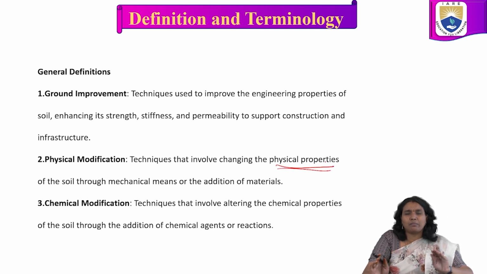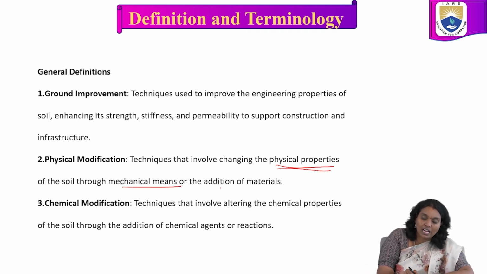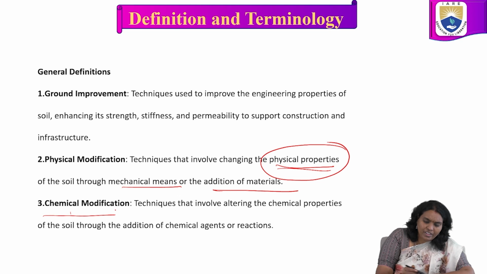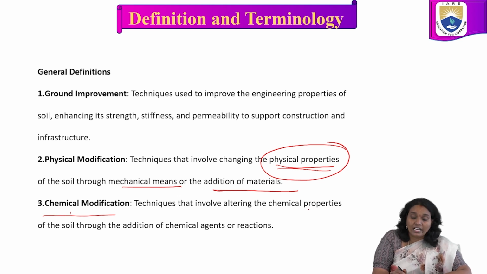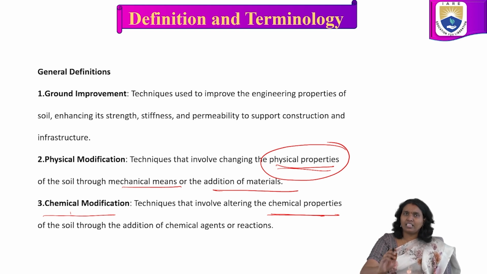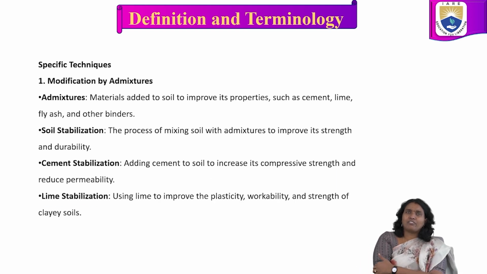Mechanical modification is nothing but changing the physical properties of the soil through mechanical means or addition of materials. In chemical modification, the techniques involve altering the chemical properties of the soil through addition of chemical agents, reactions or admixtures. So we are understanding the different terms and terminology used for this.